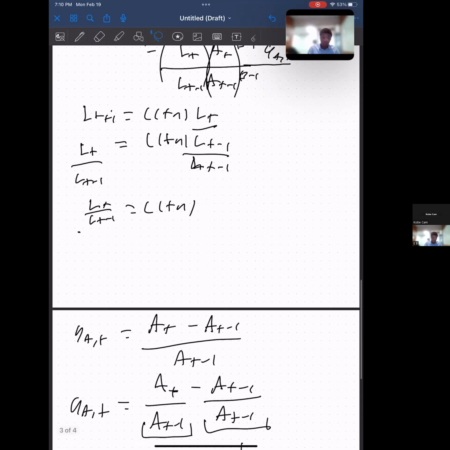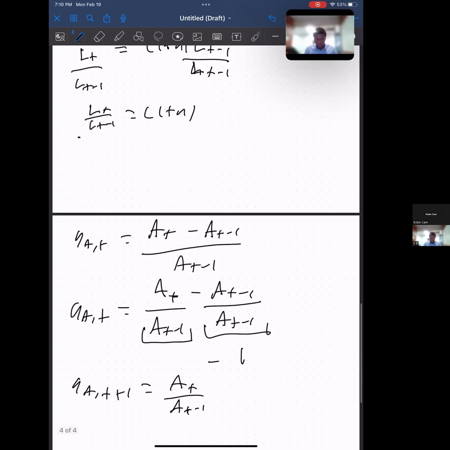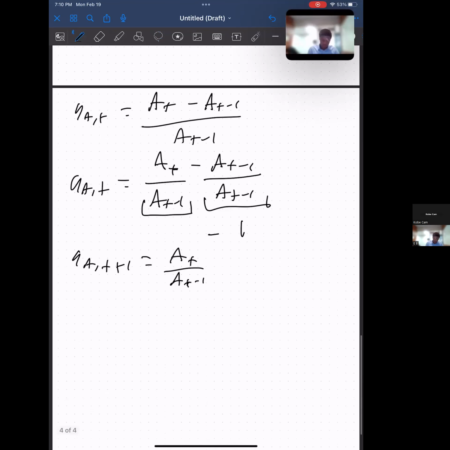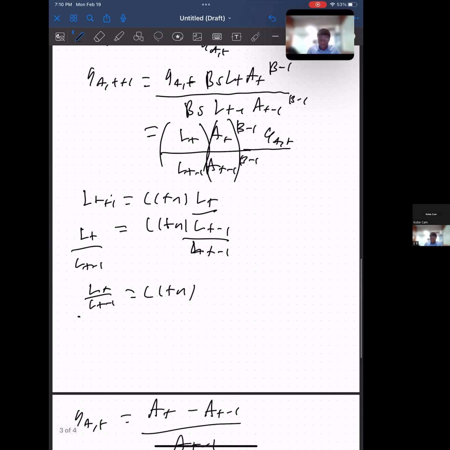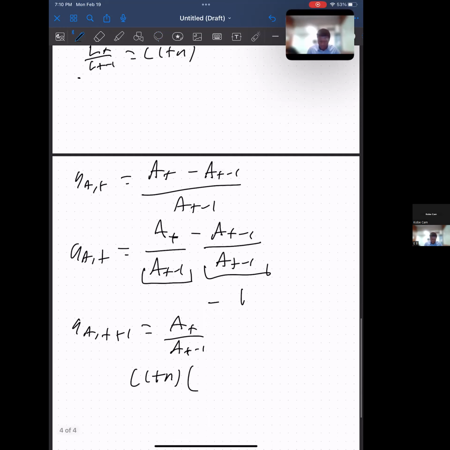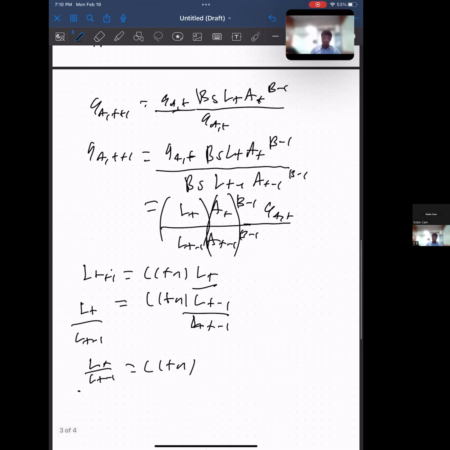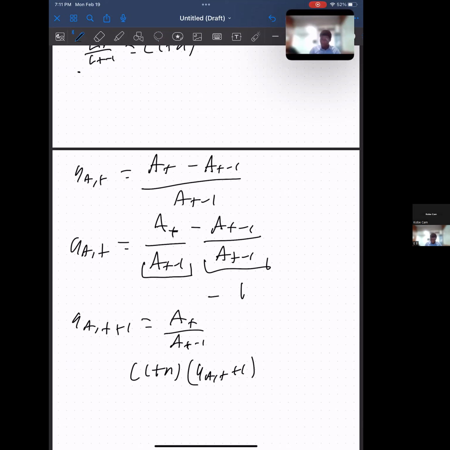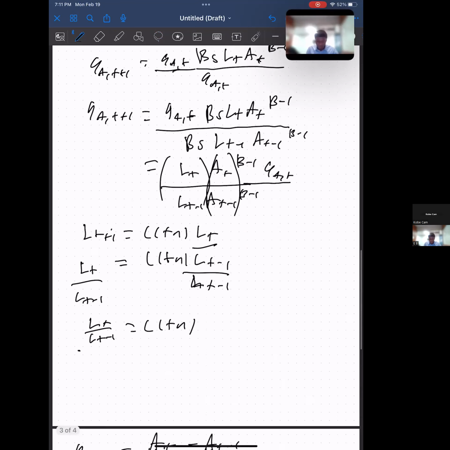So let's just combine it all together. Remember we found that L_t divided by L_{t-1} is just 1 plus n. So 1 plus n times, we found that A_t divided by A_{t-1} is just 1 plus the growth rate of A_t, and this is raised to the beta minus 1, times g_A(t).